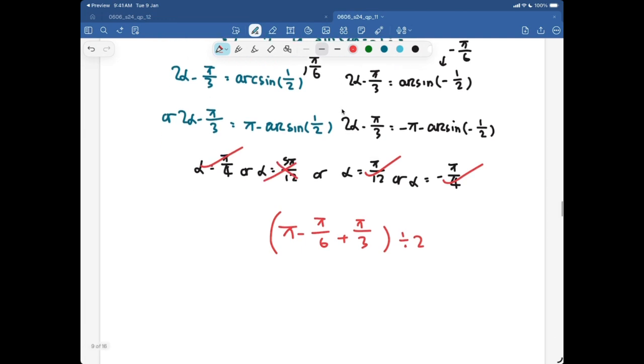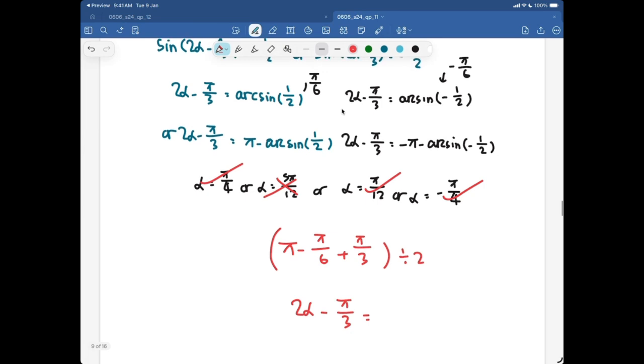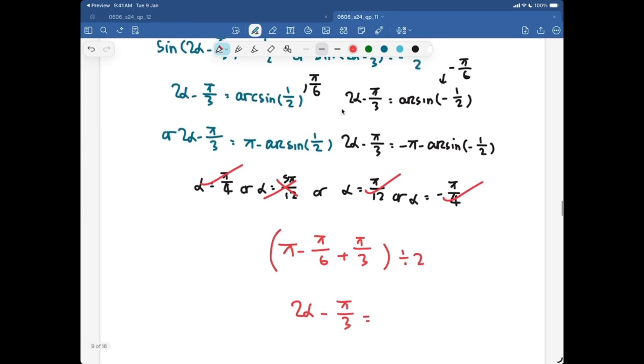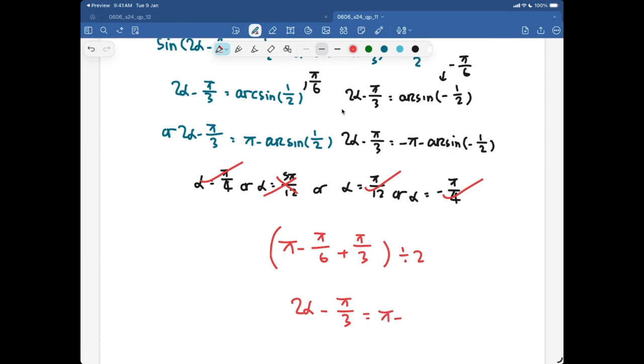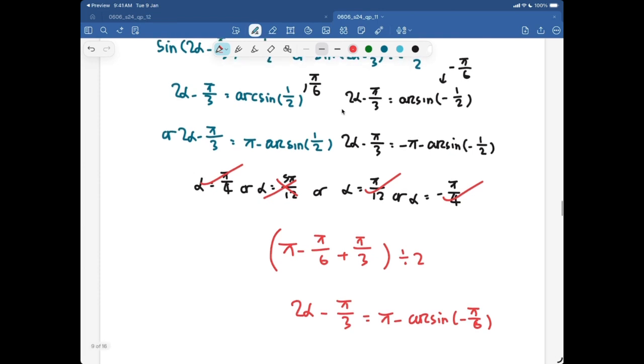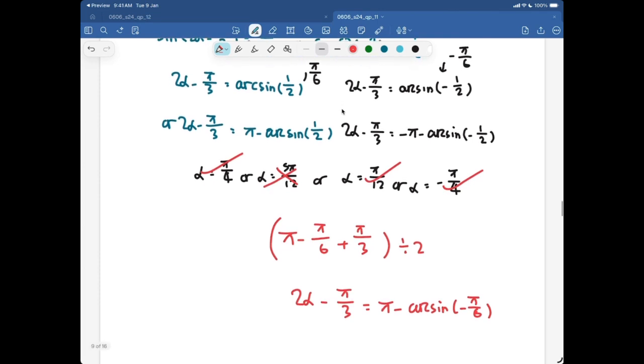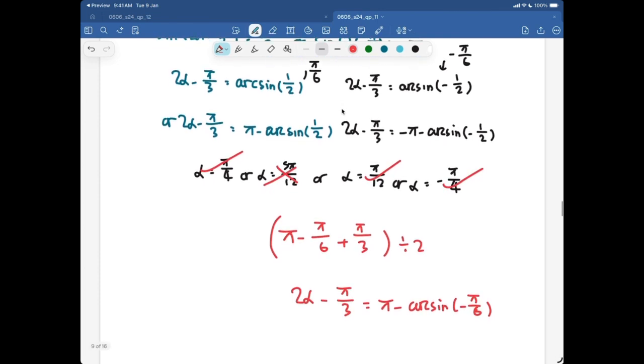I should get 2 alpha minus pi over 3 equals... what can I do? Pi minus arc sine negative pi over 6. That does not make sense.